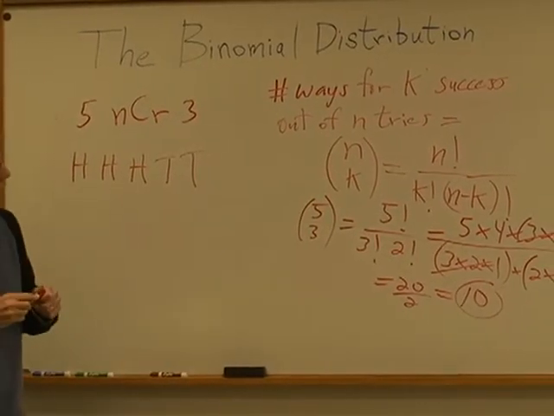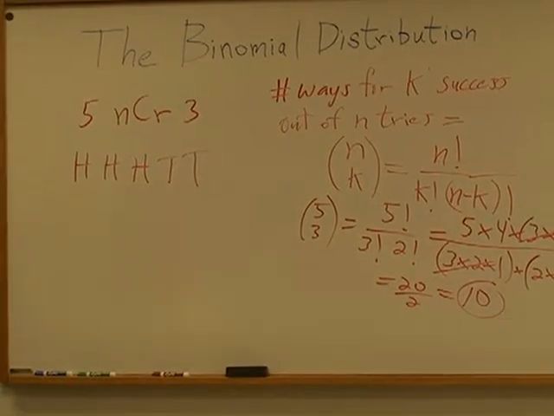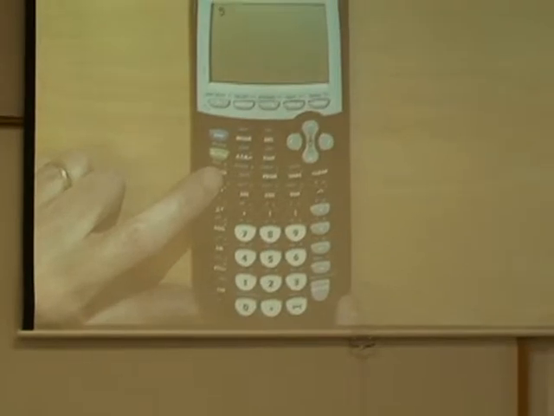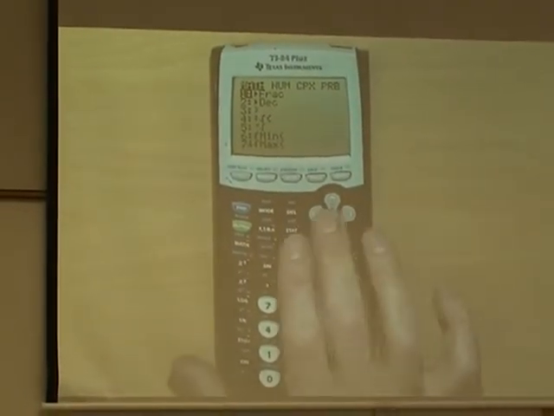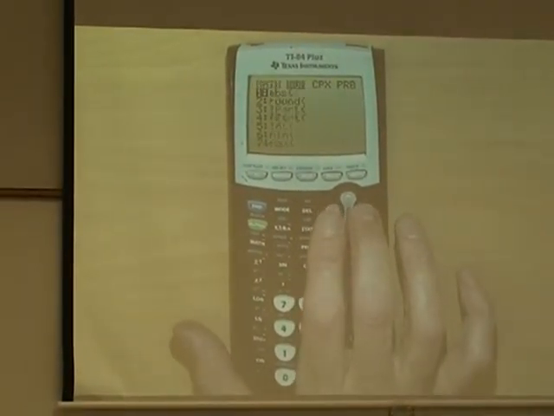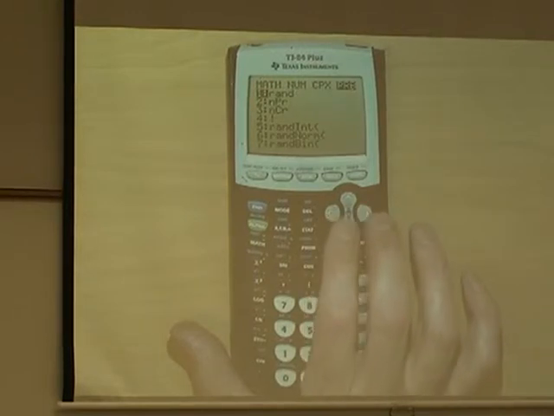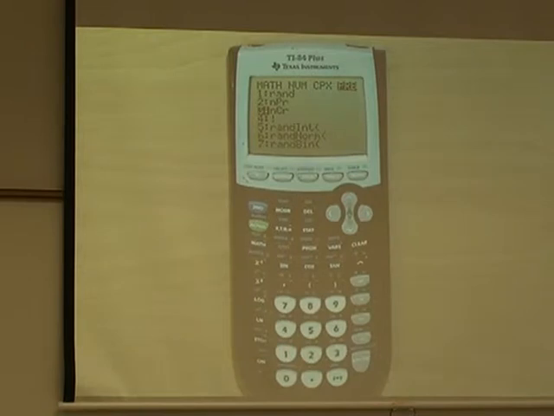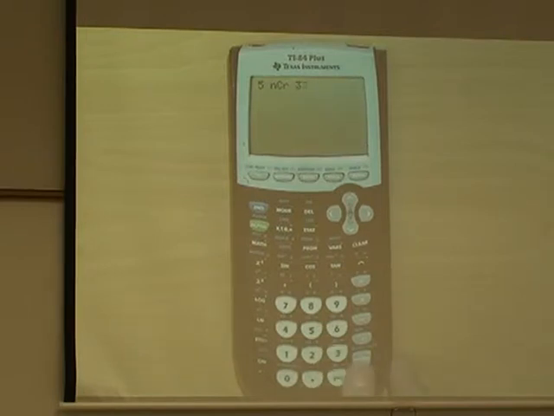If I want all the ways it can happen, I type in 5, and then I go to the math button, over to probability. It's a menu, so I cursor over to probability, and notice it's the third one down. NCR means how many combinations, essentially, is what the C stands for. So the big number, number of tries, NCR, the number of successes we want to compute, and it gives me the 10.